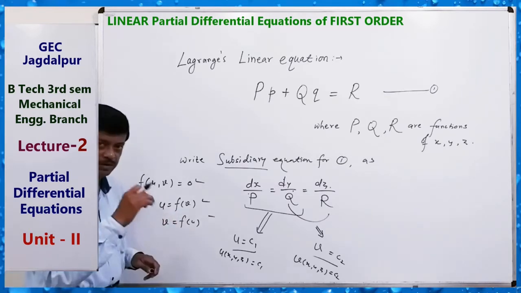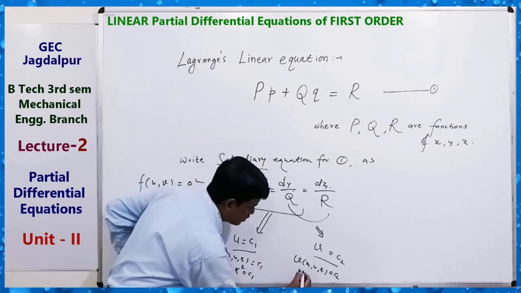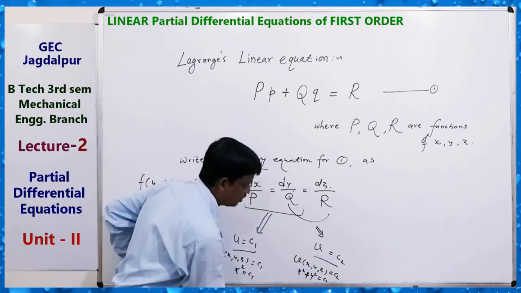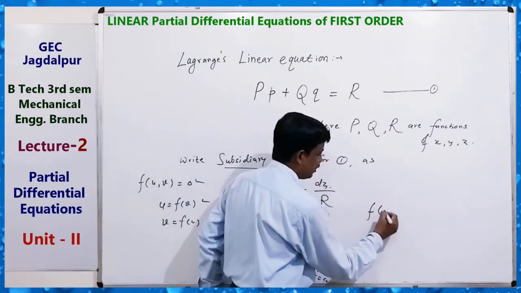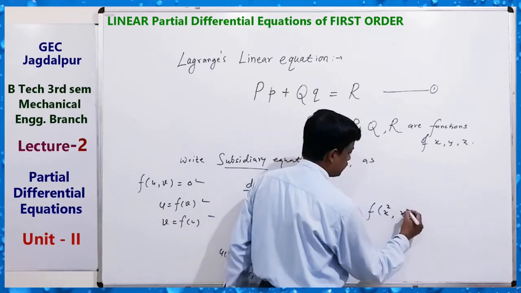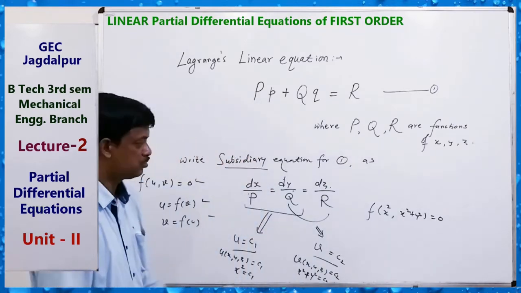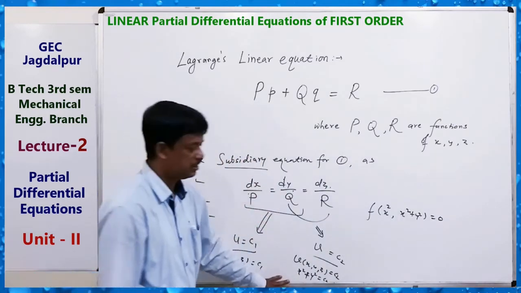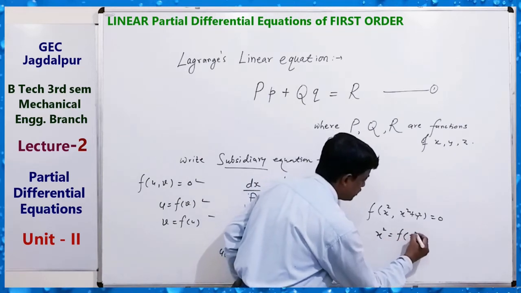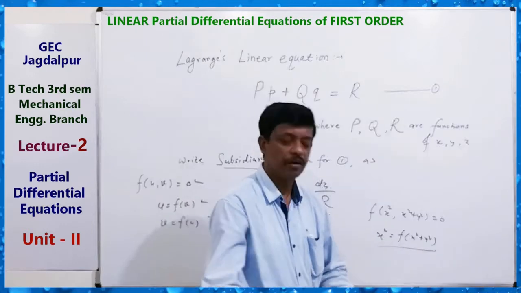For example, if we get x square equals c1 and x square plus y square equals c2, then our solution will be a function of x square and x square plus y square equals 0. This will be our solution. You can also write x square equals a function of x square plus y square, where F is an arbitrary function.